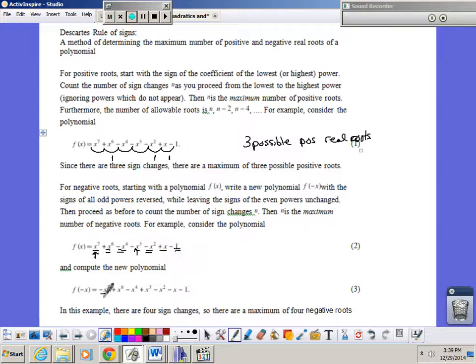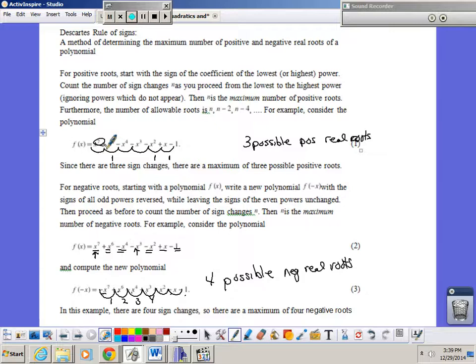Same. So look, now negative, same, same, changes to positive, same, changes to negative, same. Now let's look at our signs. Changes once, changes twice, changes 3 times, changes 4 times, same, same. So I'm going to have 4 possible negative real roots for a total of 7 real roots that I could possibly have.